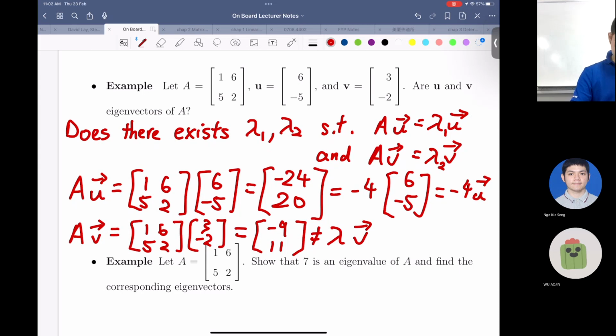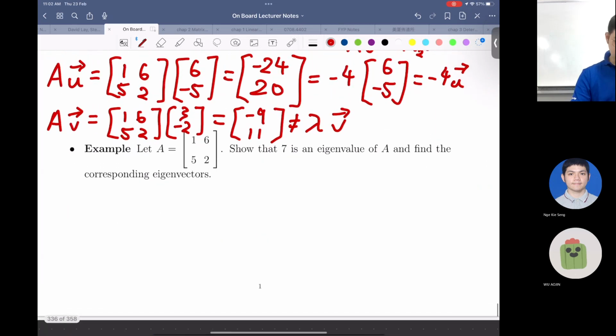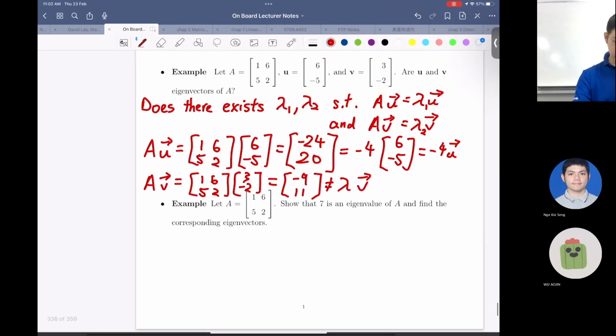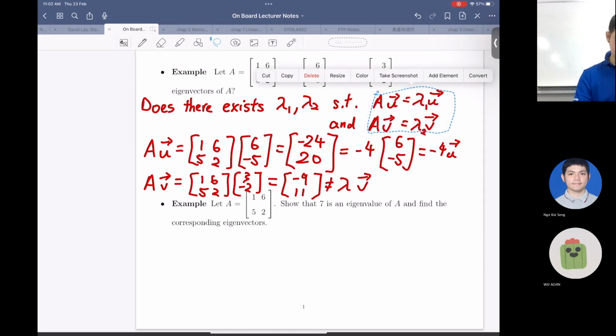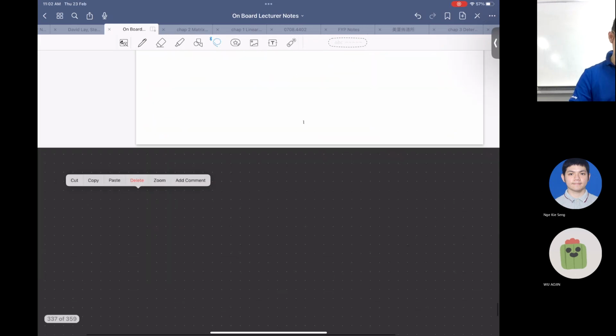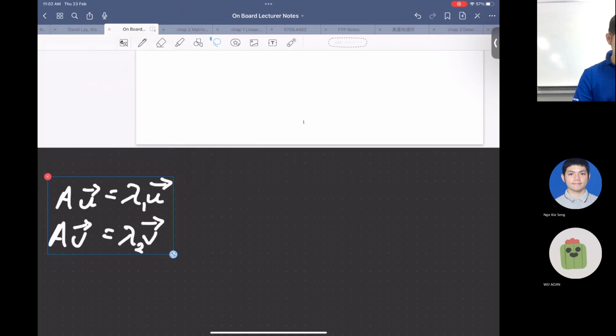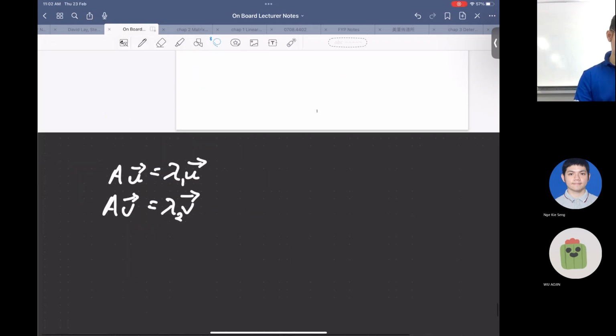But since we have come all the way here, what have we learned? Let's say we want to solve these two equations. Okay, so we've got a vector equation.